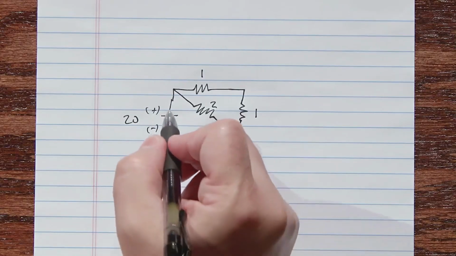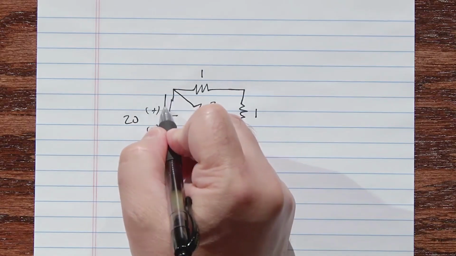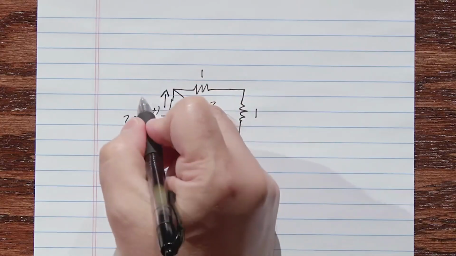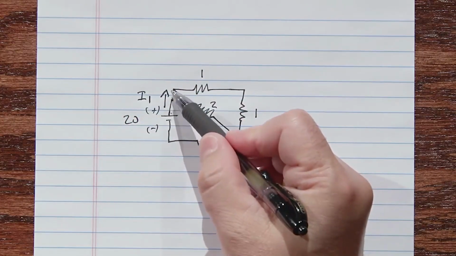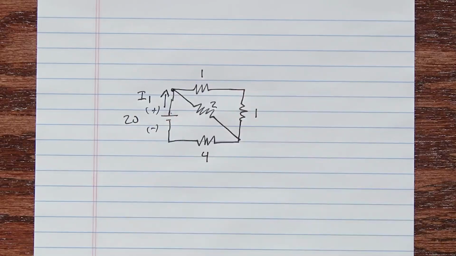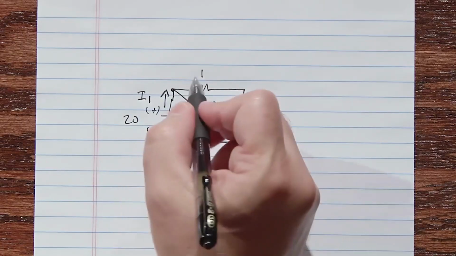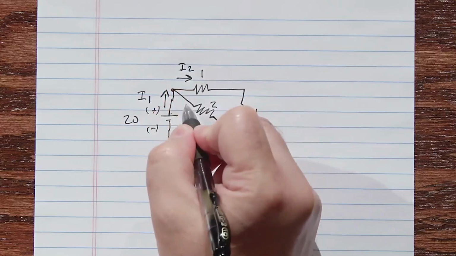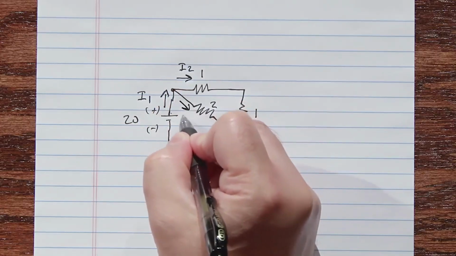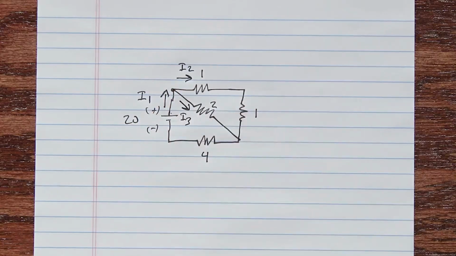And so we have a current flowing out of the battery. Let's call that I1. The current flows from the positive side of the battery to this point here. At this point, it splits off, and let's call those I2 and I3.